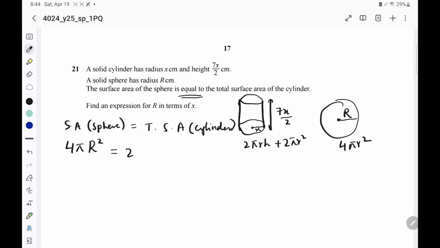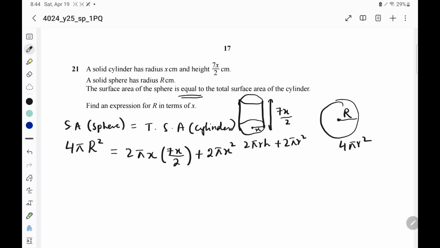So 2 pi r, where r is x here, and height is 7x upon 2. And then 2 pi r square means 2 pi x square.